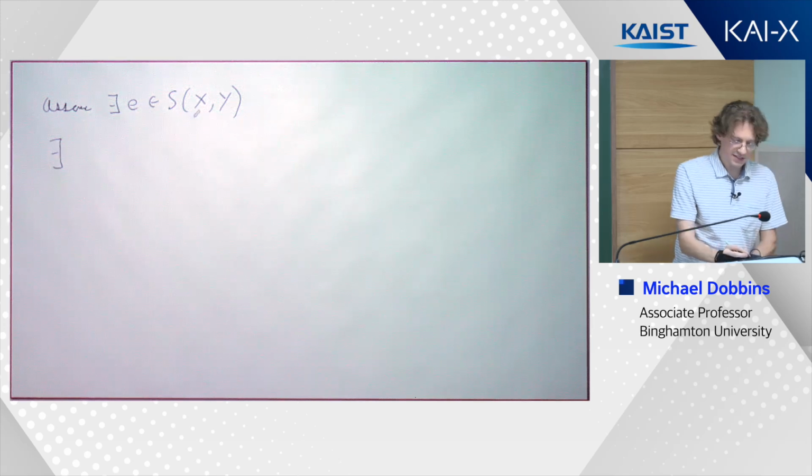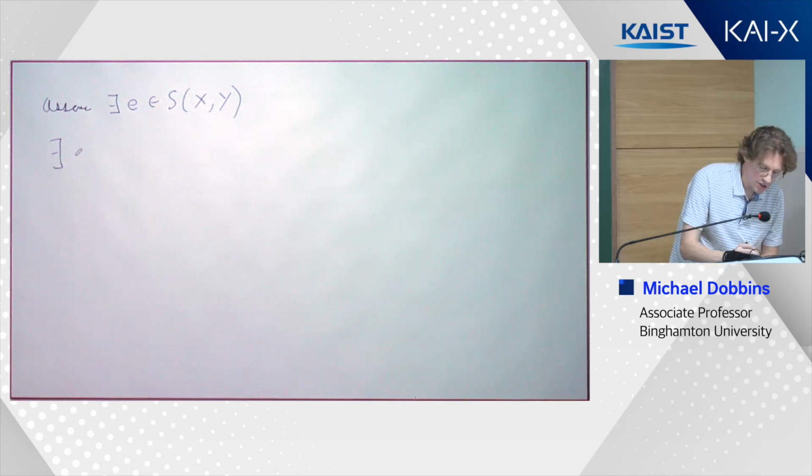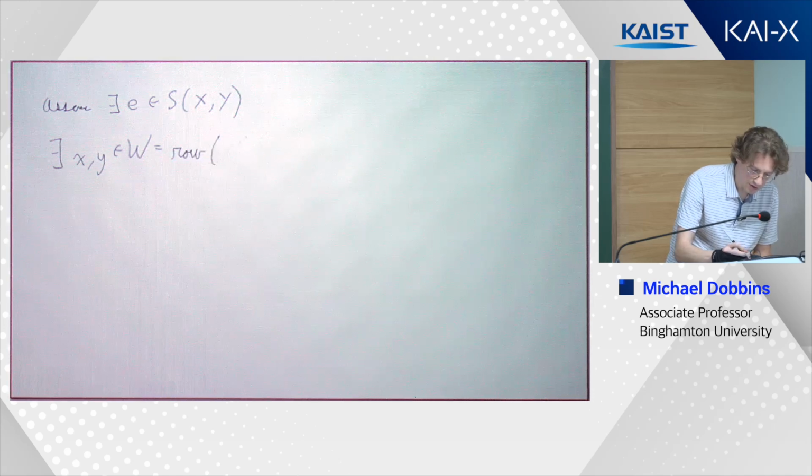These sign vectors x and y correspond to some vector in the row space of the matrix that we were given.